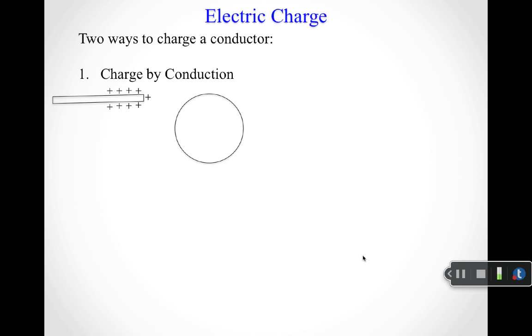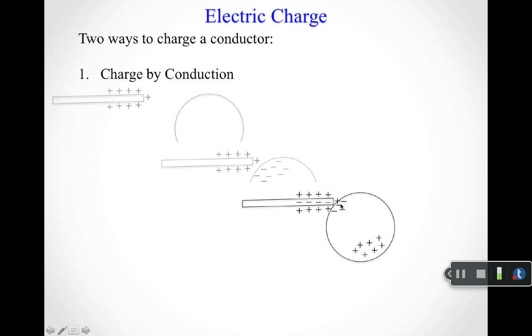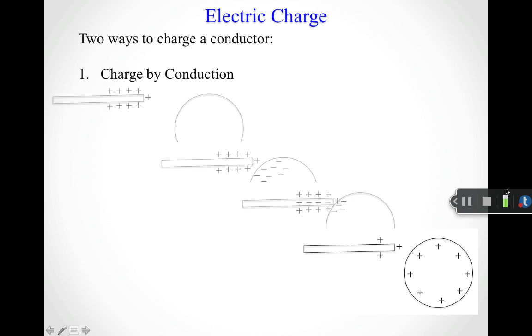Now there are two ways that I can charge a conductor. One is called charging by conduction. As I'm charging by conduction, I bring my rod up close. Again, I'll see that my charges move freely in response to that rod. When I touch my charged rod to my neutral conductor, some of those excess charges are going to move off the rod onto the conductor, and so when I separate them, it leaves me with less of a charge on my original rod, but now a positively charged sphere.